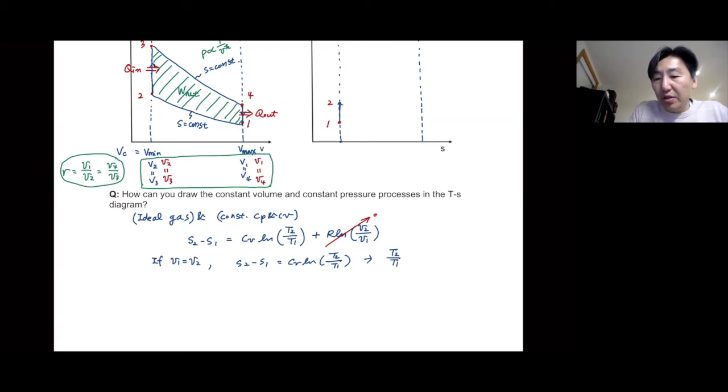T2 over T1 is equal to exponential of S2 minus S1 over Cv.